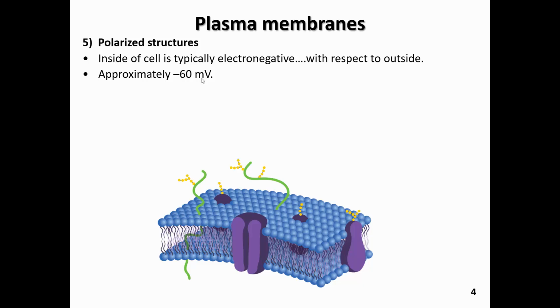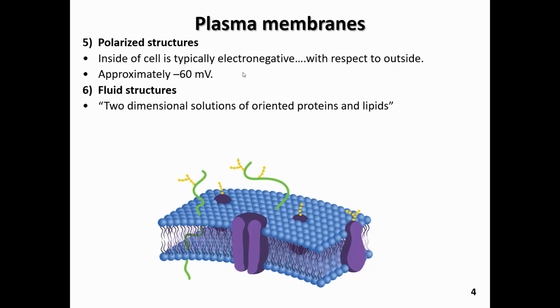And this is based upon the distribution of charged elements inside and outside the cell. Those are proteins and ions, so that the net charge inside a resting cell is more negative with respect to the outside. And mechanically, structurally, membranes are not rigid structures, they're actually fluid structures.